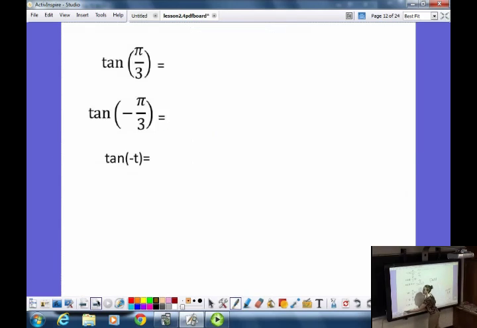Let's try tangent. What's tangent of pi over 3? Or, a better question, what's the ratio identity for tangent? Sine over cosine. Yep, sine over cosine. But what's our input in this case?